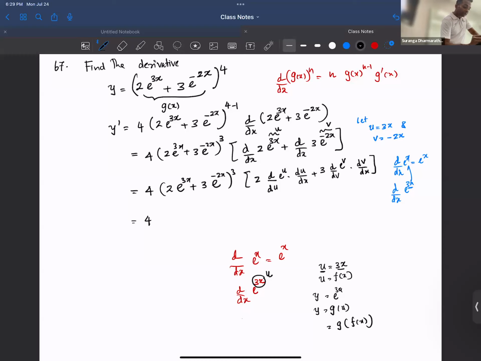So now I have d over dx of e to the power u, but my variable is u, so I cannot directly do that. What I would do is say d over du of e to the power u, I can find that.